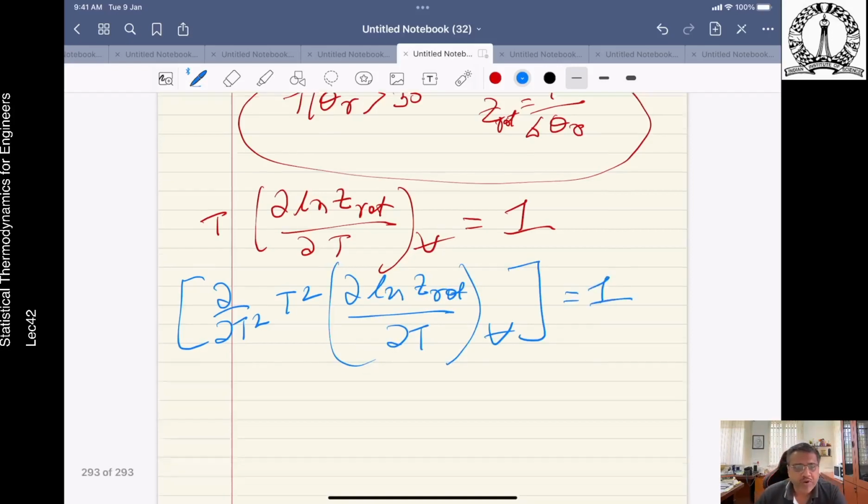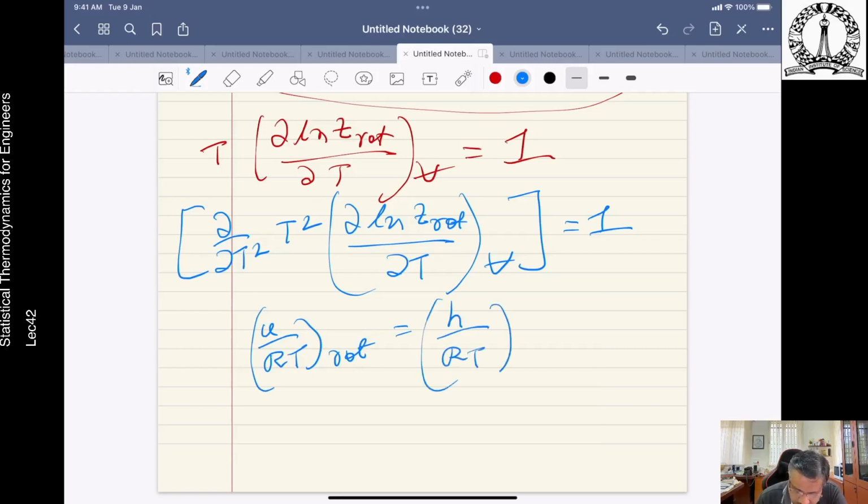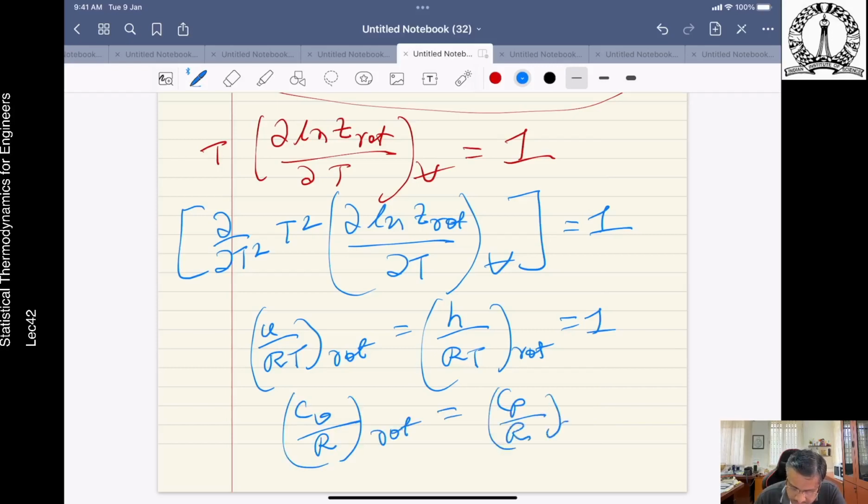So as for the translational mode, we again replicate the classical results predicted by the equipartition principle. So U by RT rotation is equal to H by RT rotation is equal to 1. Then, of course, Cv by R rotation is equal to Cp by R rotation is equal to 1.